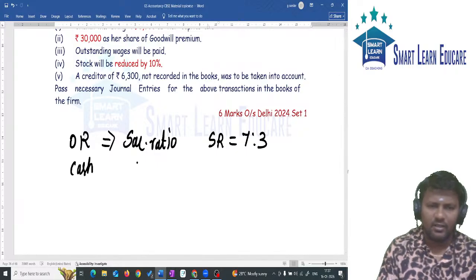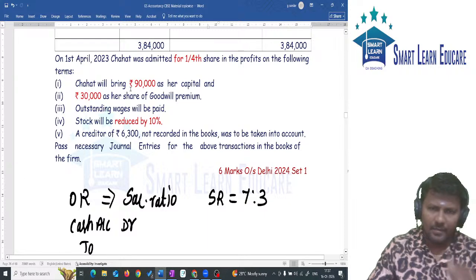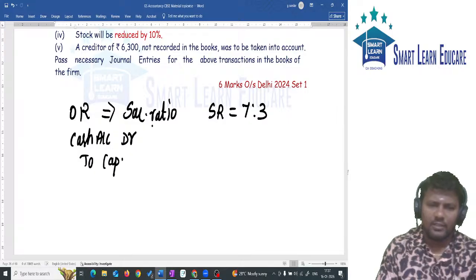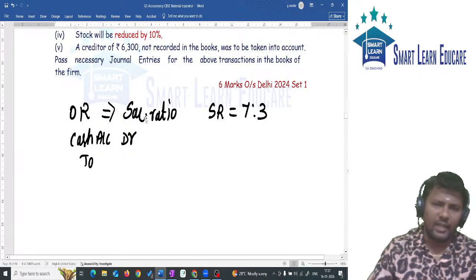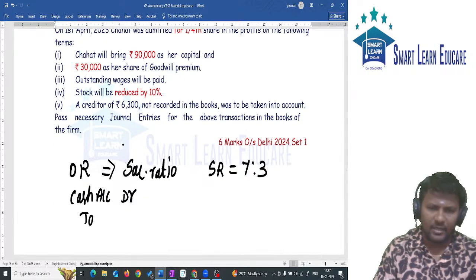First entry, cash account debit. Partner brings how much capital? Partner brings 90,000 as capital. So cash account debit to capital. Which partner capital? It is C's capital. Cash account debit to C's capital, and also cash account debit to premium for goodwill.